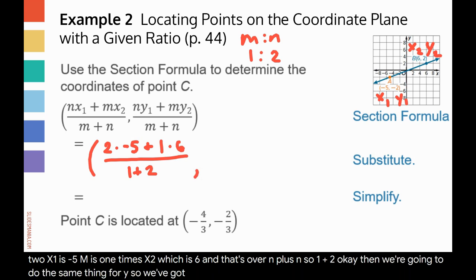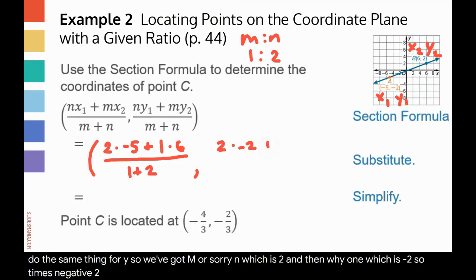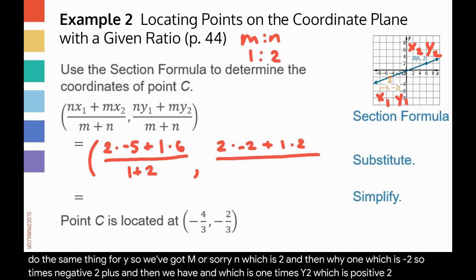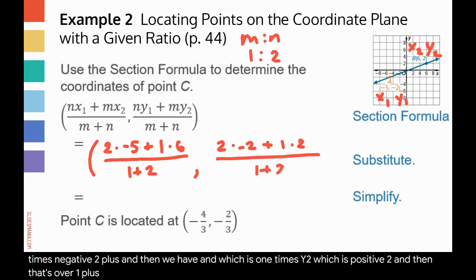We've got n, which is 2, times y1, which is negative 2, plus m, which is 1, times y2, which is positive 2, and that's over 1 plus 2.